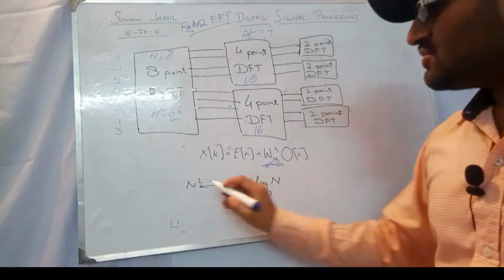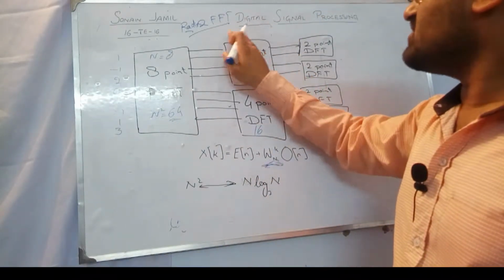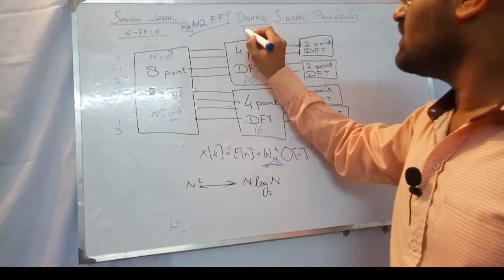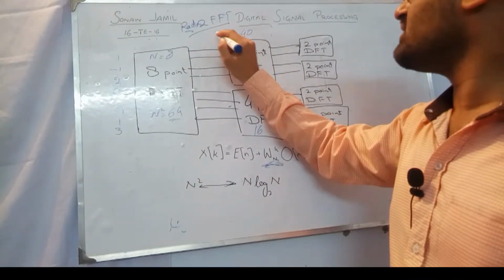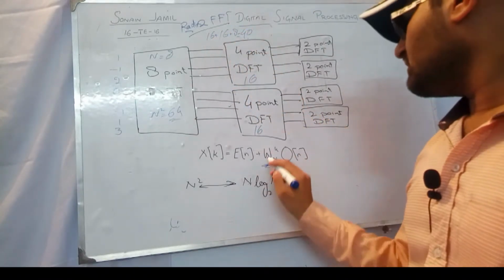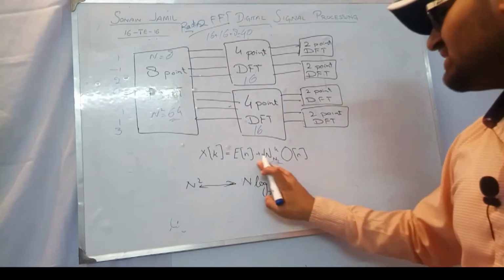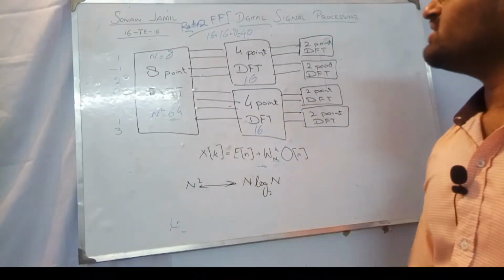So the total number of multiplications in this case we found 16 plus 16 plus this factor that has been multiplied by odd components.